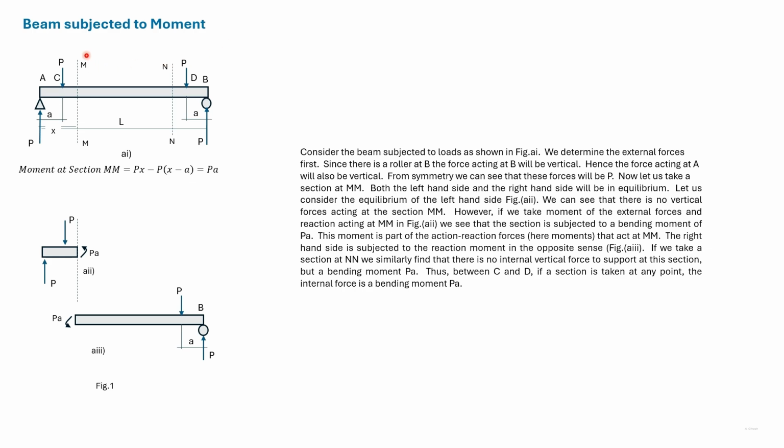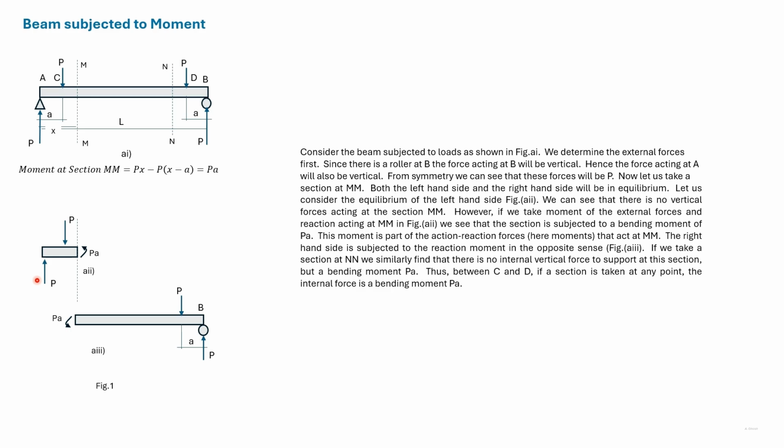We now consider a section perpendicular to the axis of the beam, MM. Then, since the whole beam is in equilibrium under loads, the portion of the beam left of MM will also be in equilibrium considering internal forces.